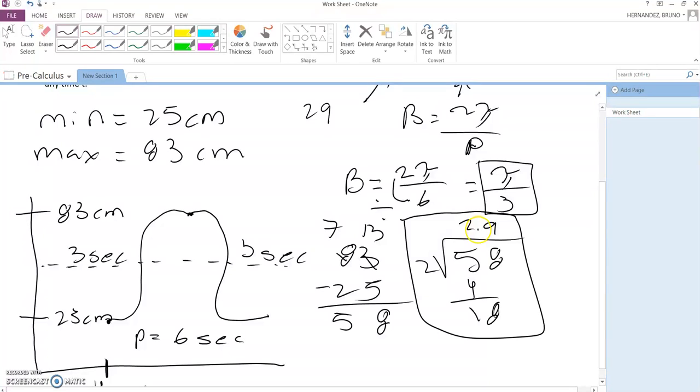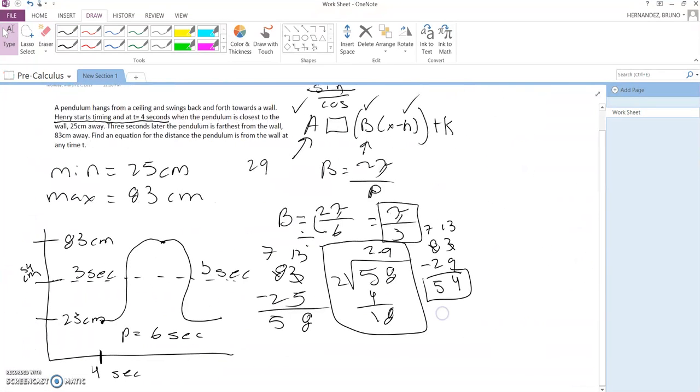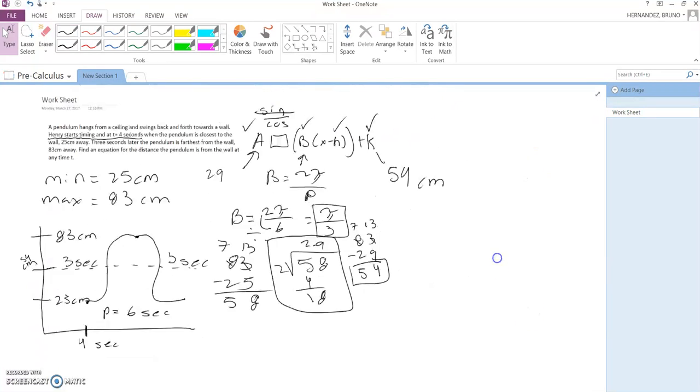So with 29 as our amplitude, all we have to do is subtract our amplitude from our max, and that will give us our midline, which is 54 centimeters. So now we have found our k, which equals 54 centimeters.